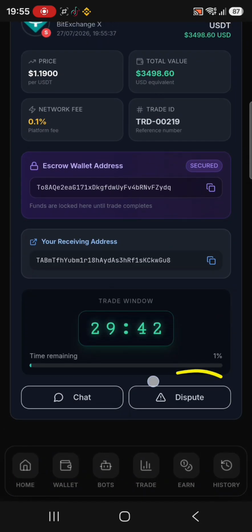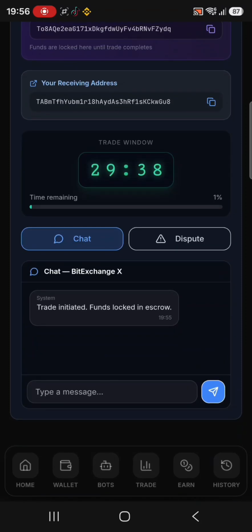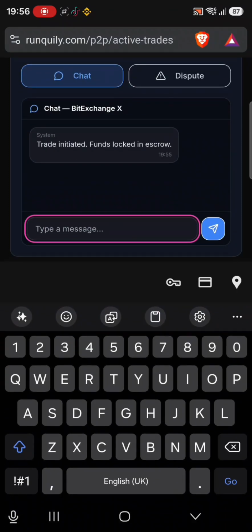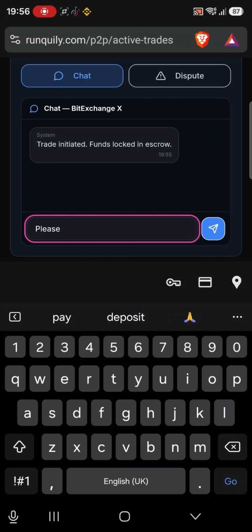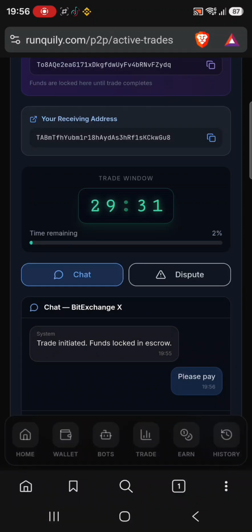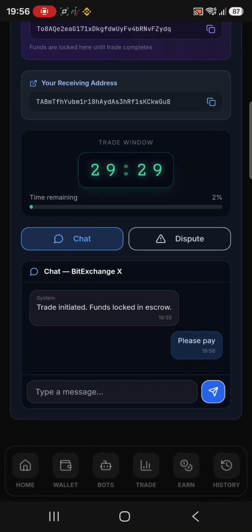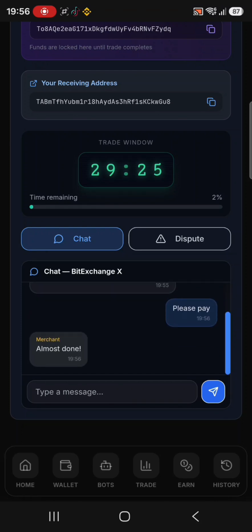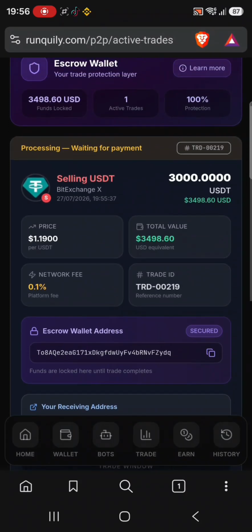So you just come and dispute, and you can also chat with the buyer and remind him to please pay. You also check if he's online and everything. If he's verified, you can see almost done. So the merchant is online.